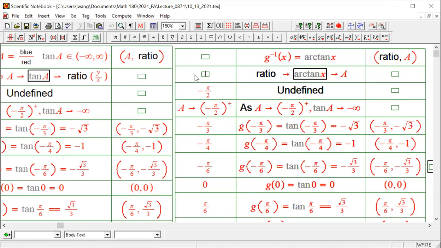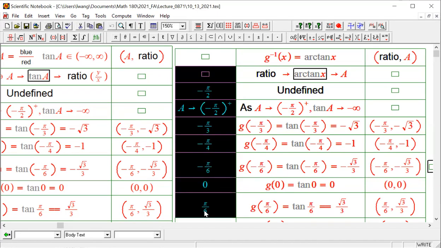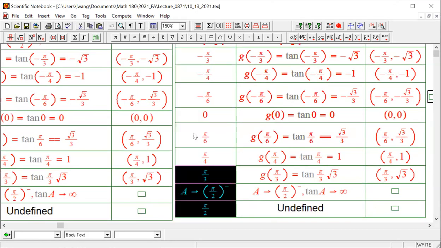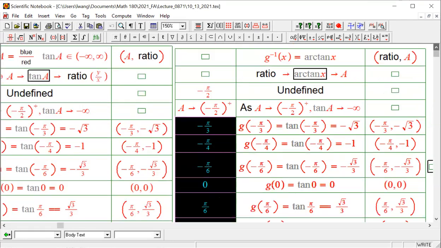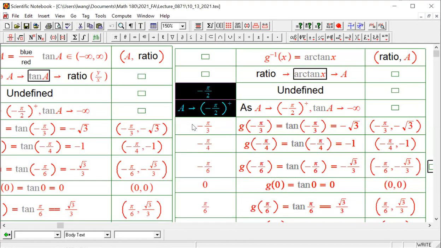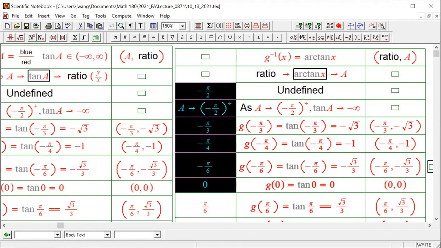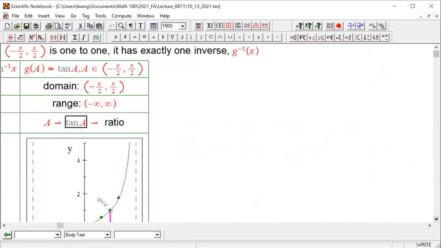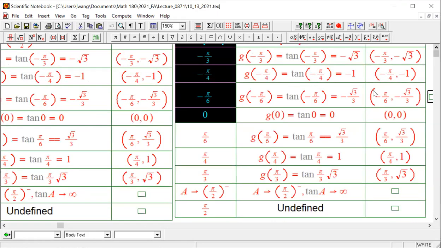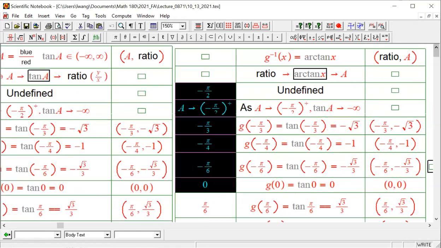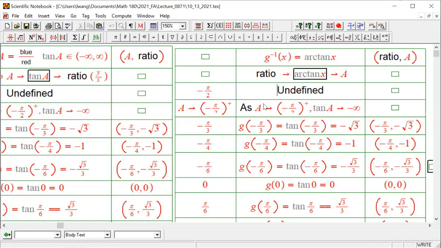And all of these angles are no longer the input. What are they going to be? They're going to be the output, okay? So all of these will have to be changed.